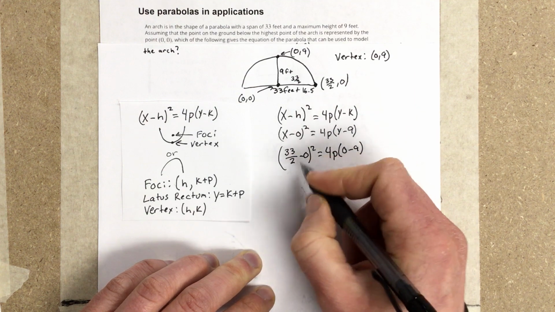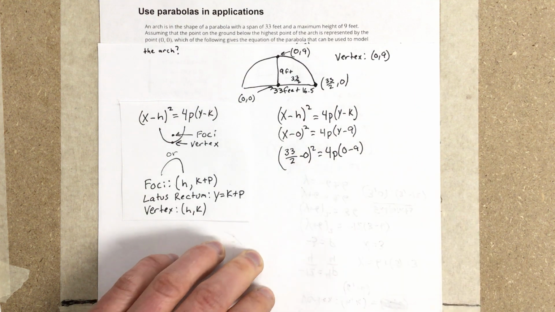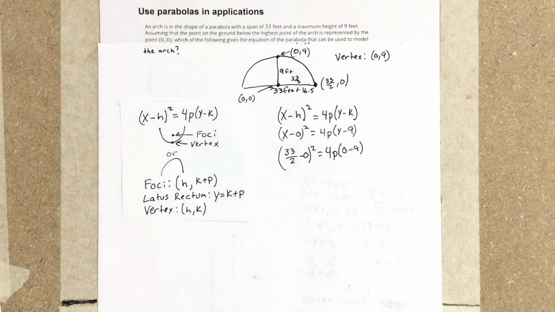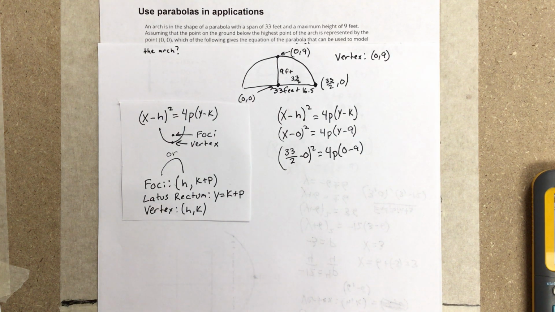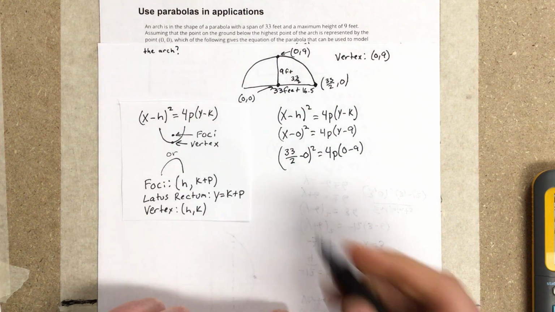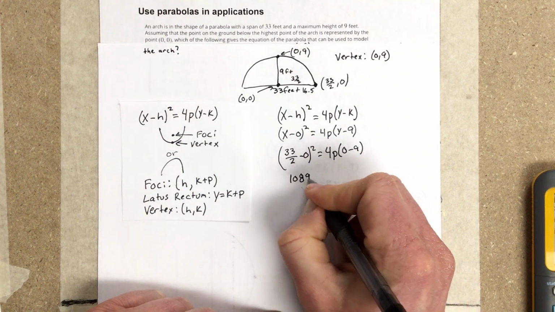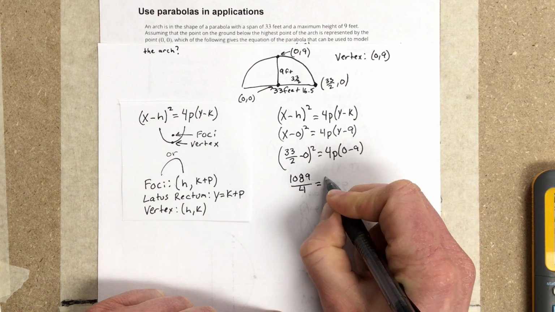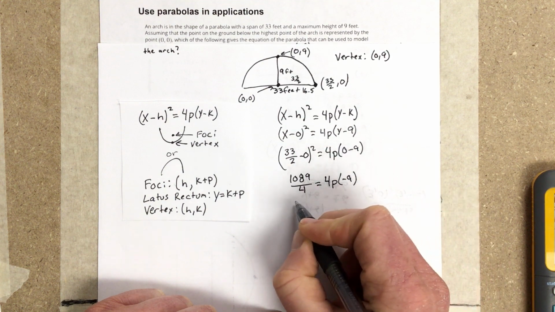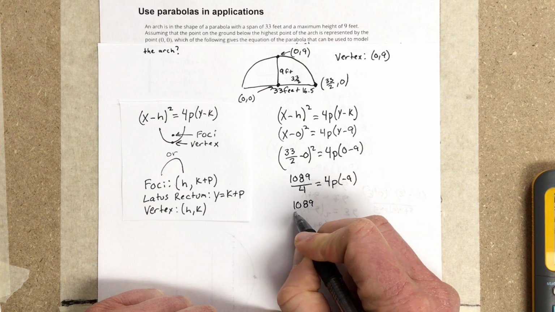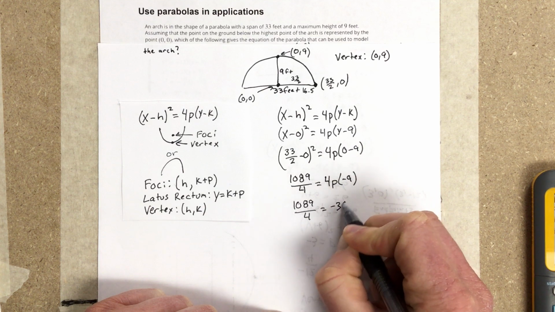When I square this piece, I'm going to get 33 over 2 squared, so 33 squared divided by 4. We get 1,089 over 4 is equal to 4 times p times negative 9. So I end up with 1,089 over 4 equals negative 36p.